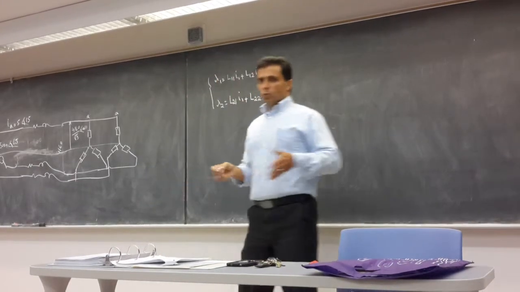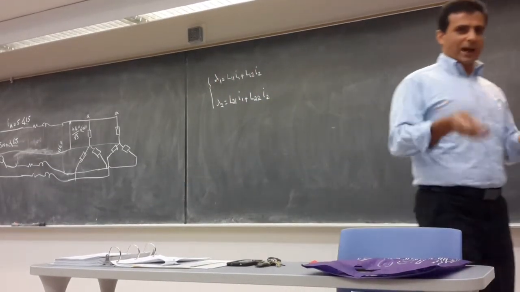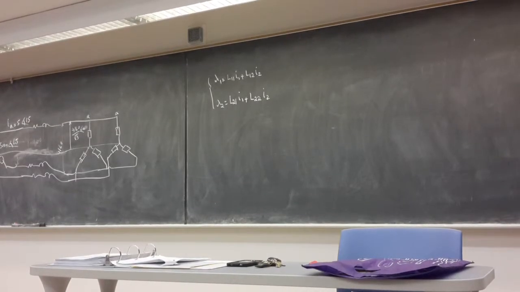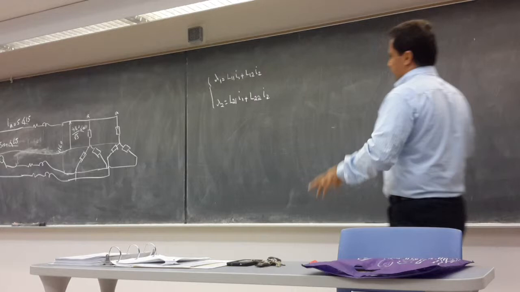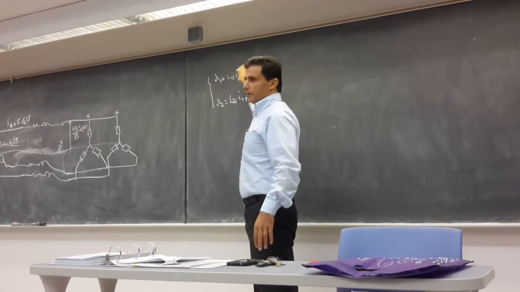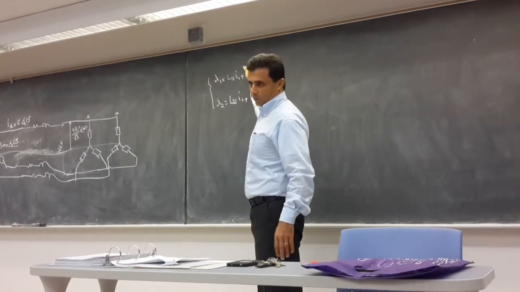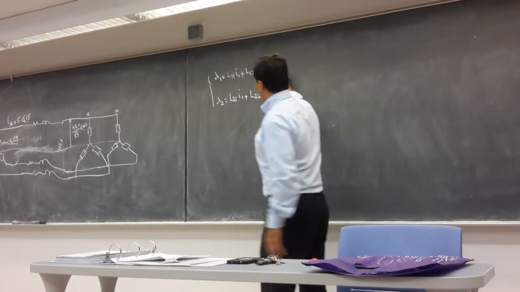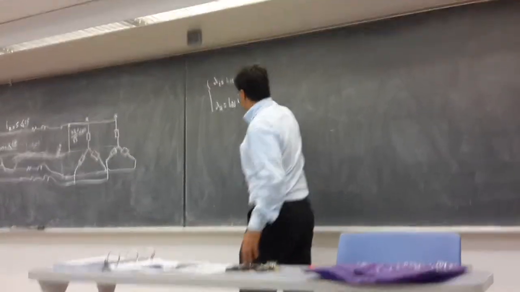Right? How did I calculate the mutual inductance? I drew the magnetic circuit, I calculated lambda 1 and lambda 2. I said, okay, the coefficient of I1 is L11, and the coefficient of I2 is L12. But there is an easier way to look at it. If I want to calculate L11, I want to calculate this one.